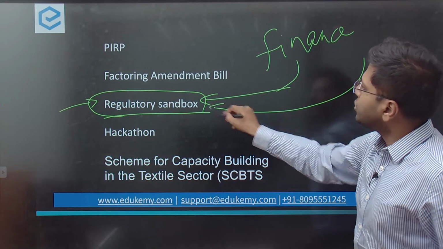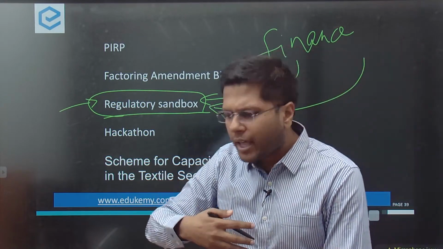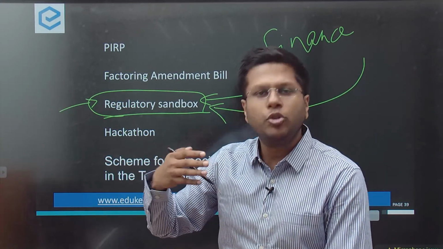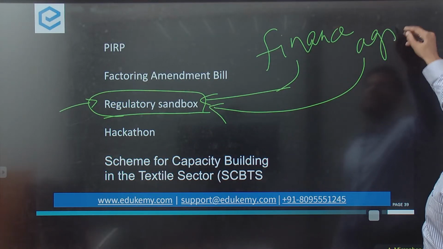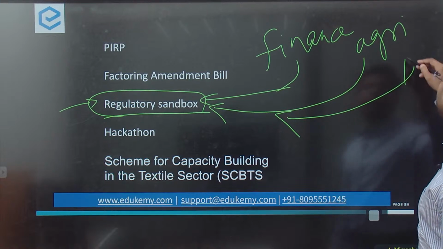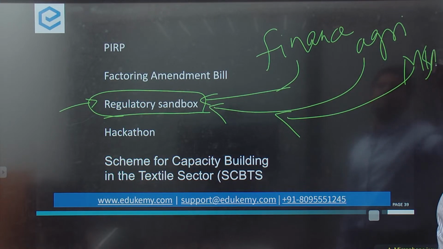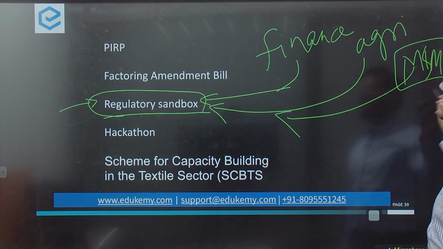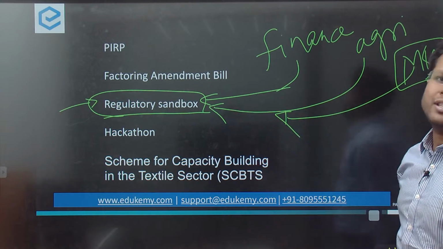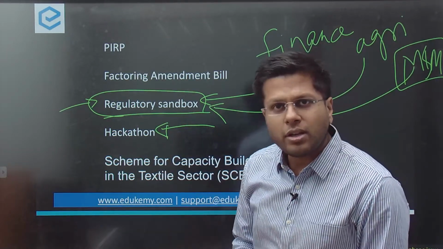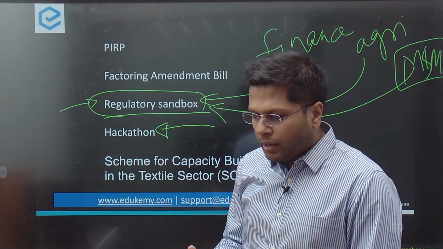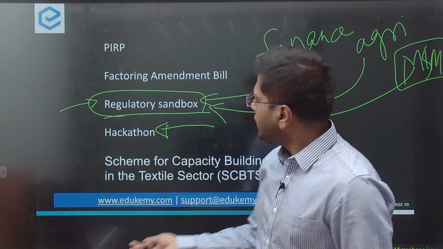For example, Paytm and BHIM are used by everybody. One regulatory sandbox was there for people in the agriculture sector. Another sandbox for MSMEs, on how they can utilize digital technology. Hackathon, producing solutions through technology and understanding how the MSME can grow.